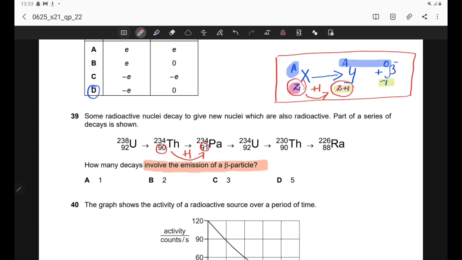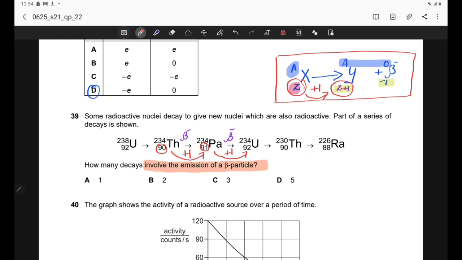Likewise, from Pa to U we can see the proton number has increased from 91 to 92, that is again plus 1. So one more beta decay. So here it has undergone a beta decay, and here also. But for the fourth decay it is plus 2, so that is not a beta decay.